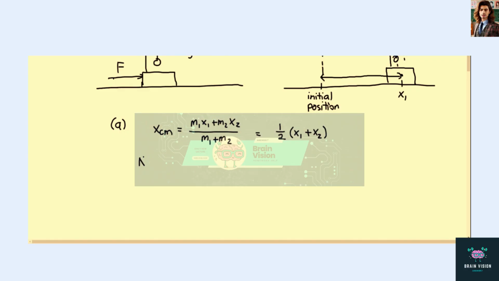From Newton's second law, F net equals the total mass times ACM, so ACM equals F over 2m.